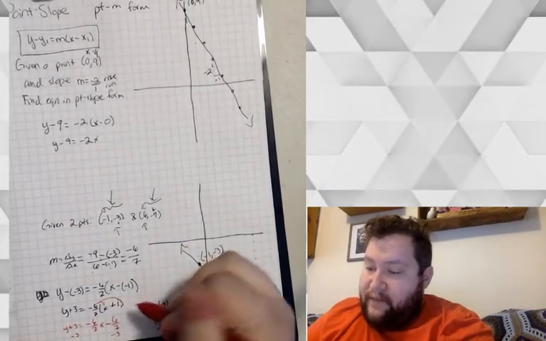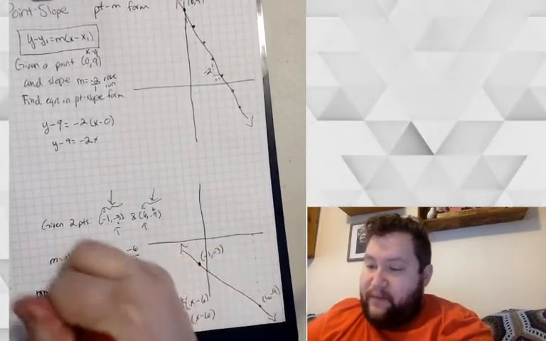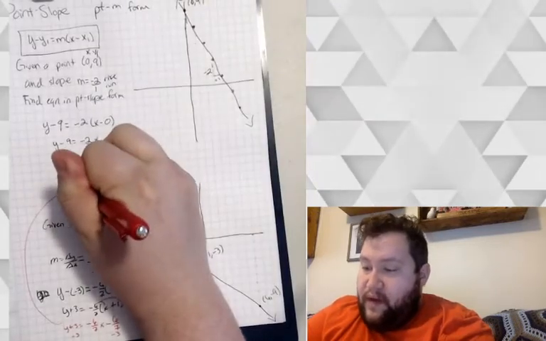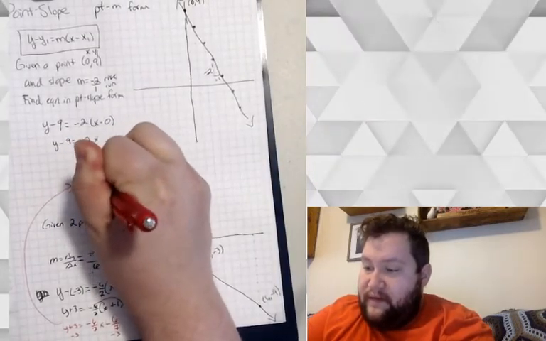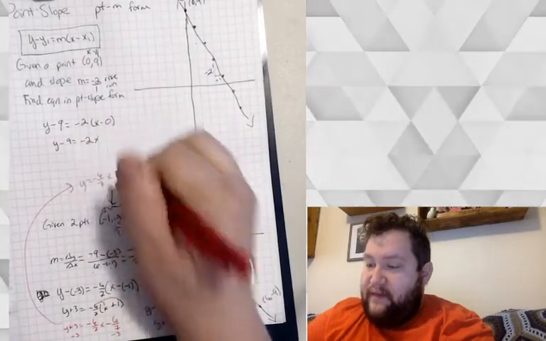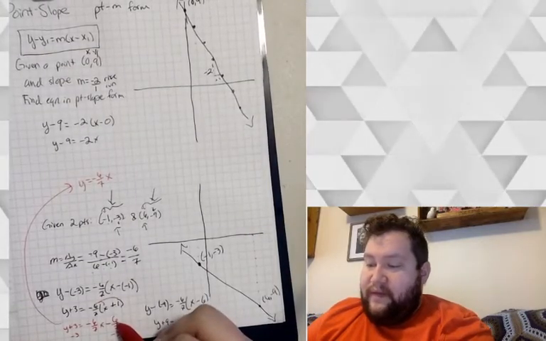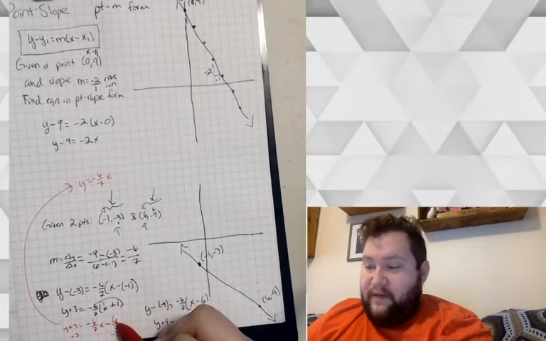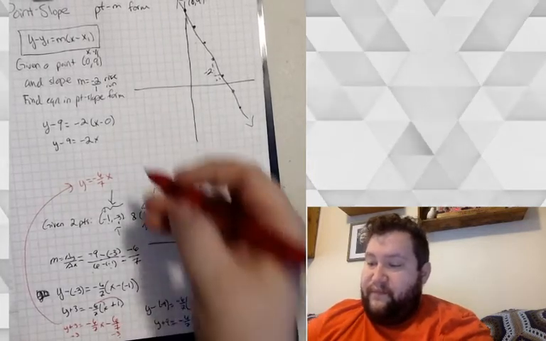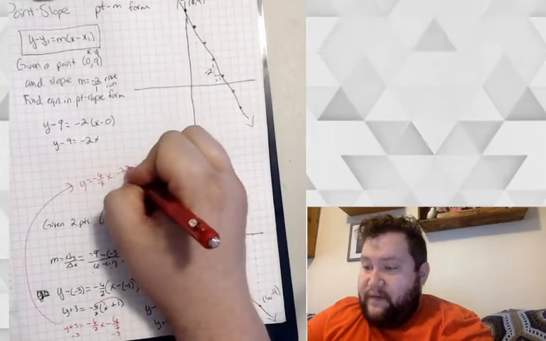And here, I'm running out of room, so I'm going to write it up here. y equals negative 6/7 x minus 21 plus 6 is 27 over 7. So we have minus 27 over 7.